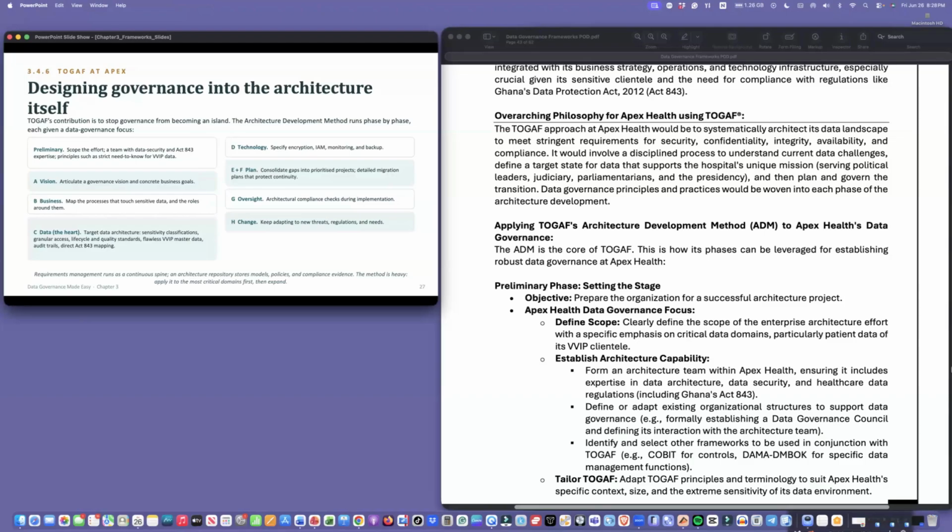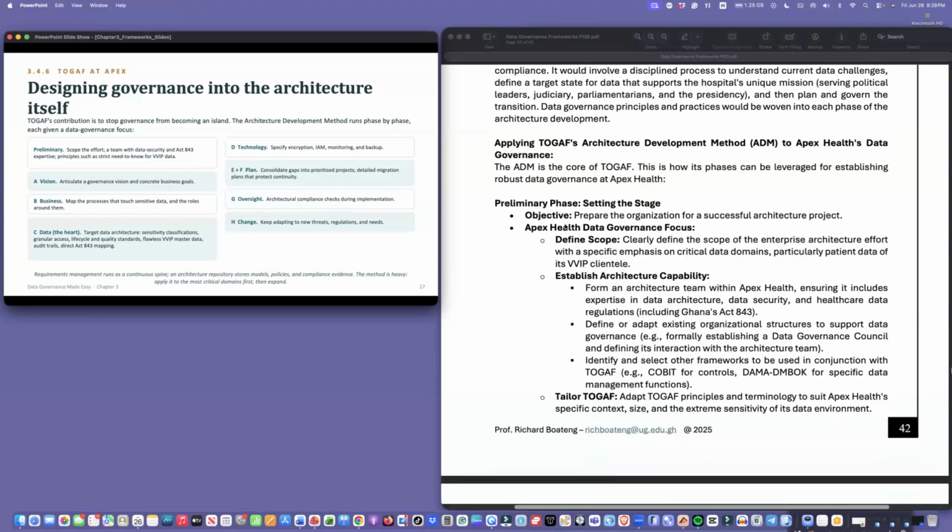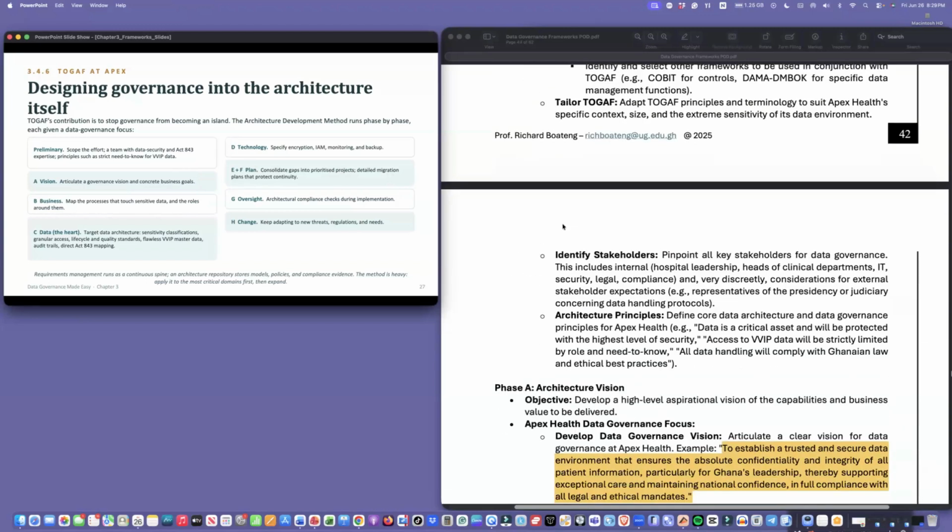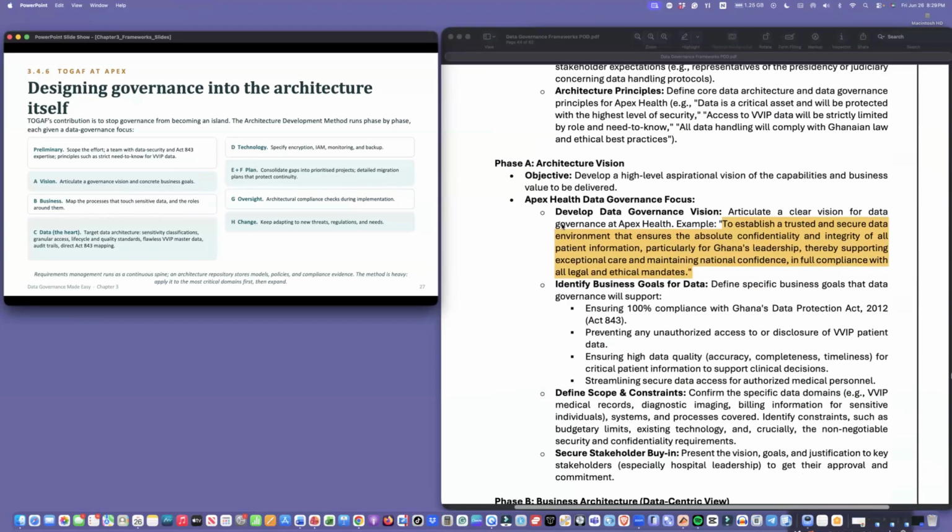Then we can deploy the necessary technology to run these things, or tailor the architecture with the existing technology that is required, and then we can consolidate them into actual projects.